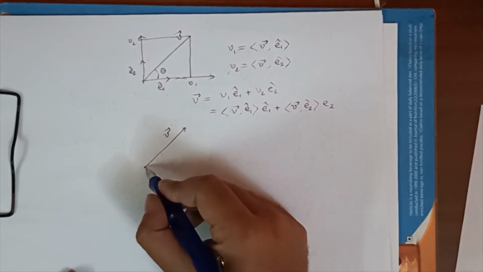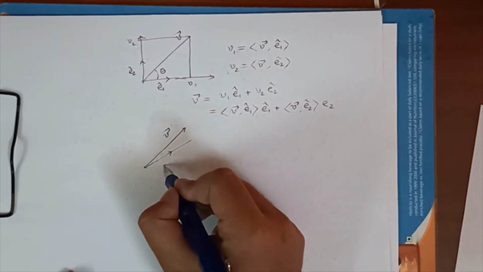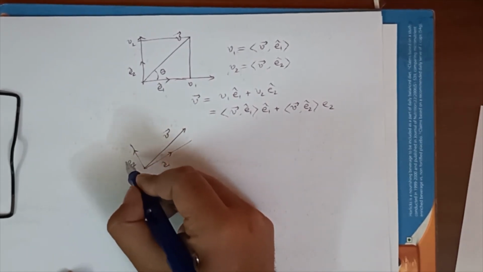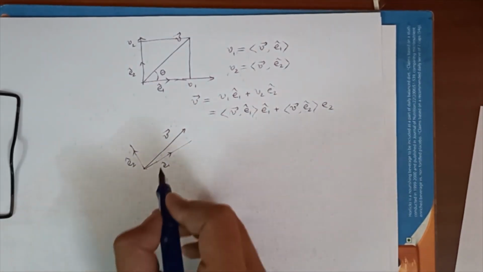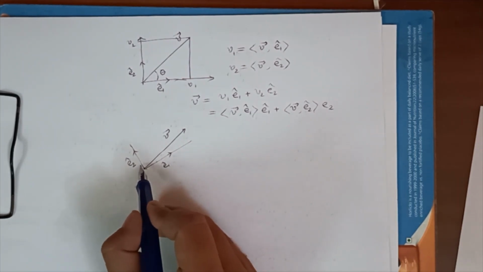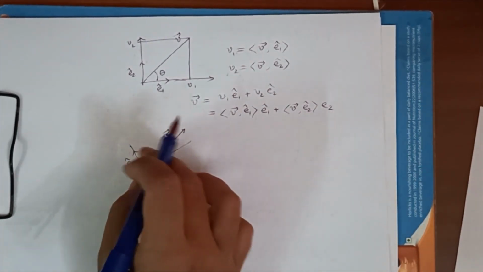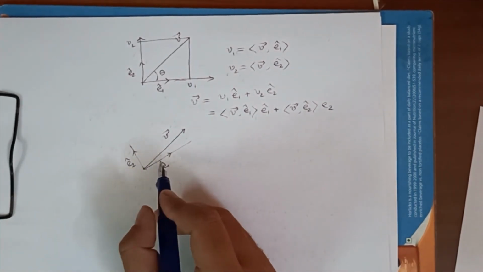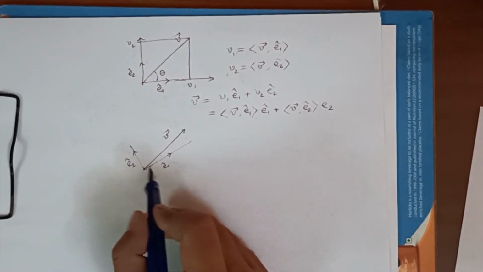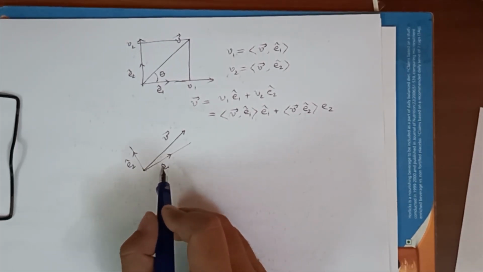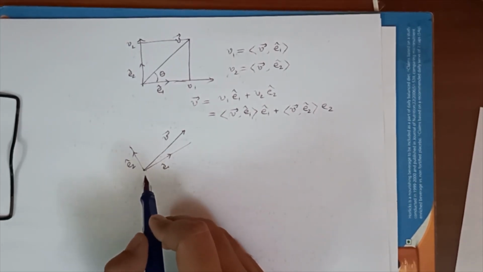So I can make E1 in this direction and E2 in this direction. The only condition is that E1 and E2 have to be orthogonal to each other. That has to be 90 degree, and their lengths have to be 1. So they need to be orthonormal to each other. That means they have unit norm, and they should be orthogonal to each other.